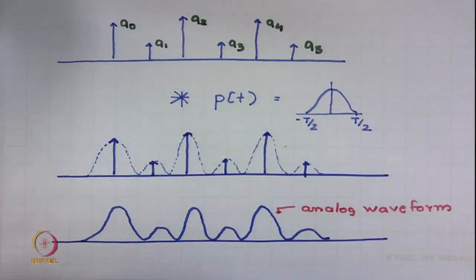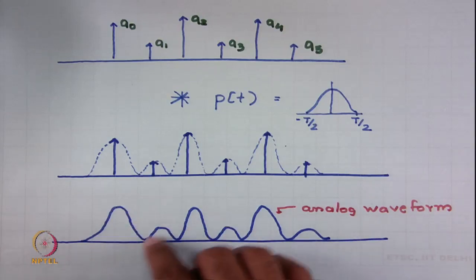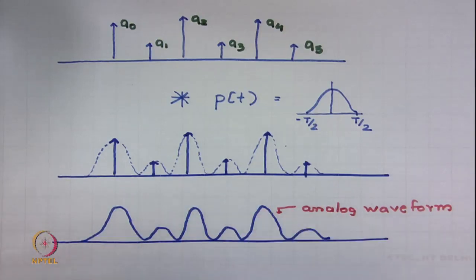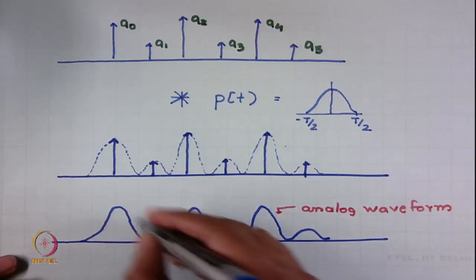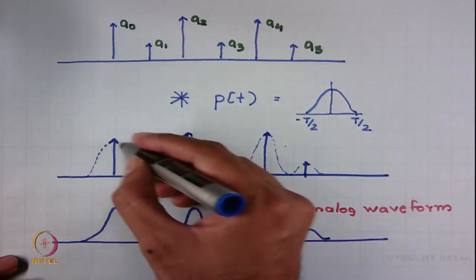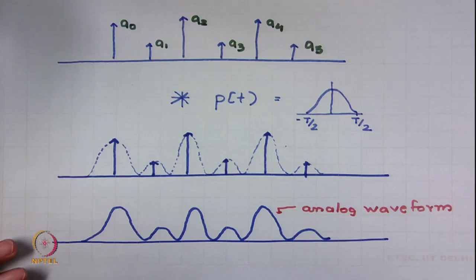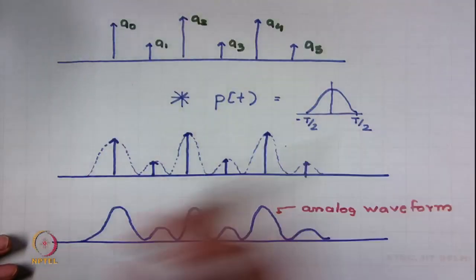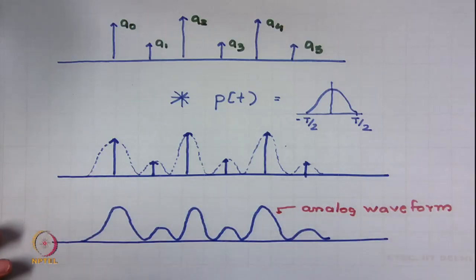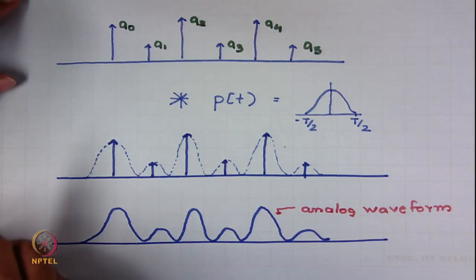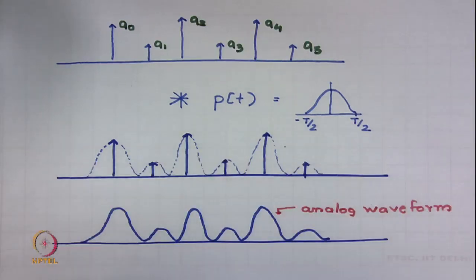Basically you end up with an analog waveform, where the height of each pulse is decided by the weights of these impulses. After passing this sequence through a filter, you get an analog waveform, which is a baseband waveform, meaning that most of its energy is centered at DC.